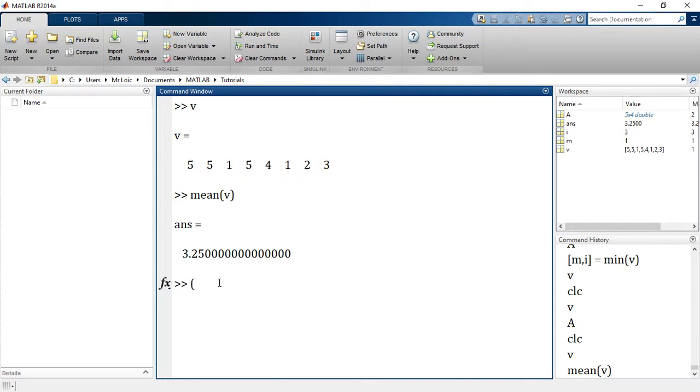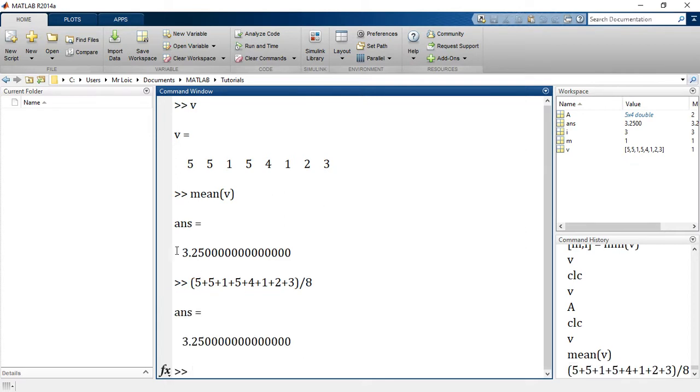Let's try that. 5 plus 5 plus 5 plus 1 plus 5 plus 4 plus 1 plus 2 plus 3, and all of that divided by how many elements there are: 1 2 3 4 5 6 7 8, divided by 8. What does that give me? 3.25. So that's what this function computes for you. It's the average.